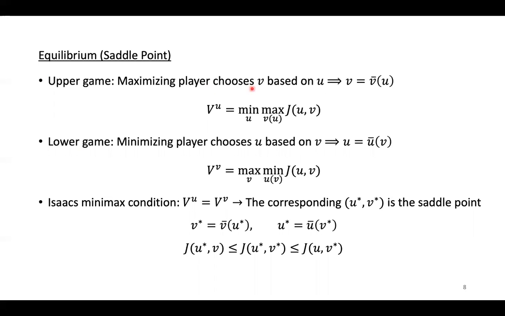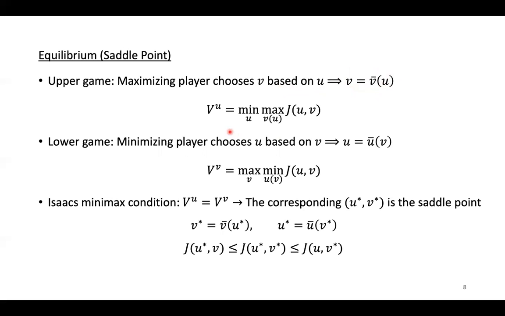Now we can choose based on that information. And in this case, it becomes an optimal control problem. You fix the control of one player, which means it is just a one-sided optimization. We can solve it with standard optimal control techniques. And the maximizing player will get its best input as a function of the input of the minimizing player.